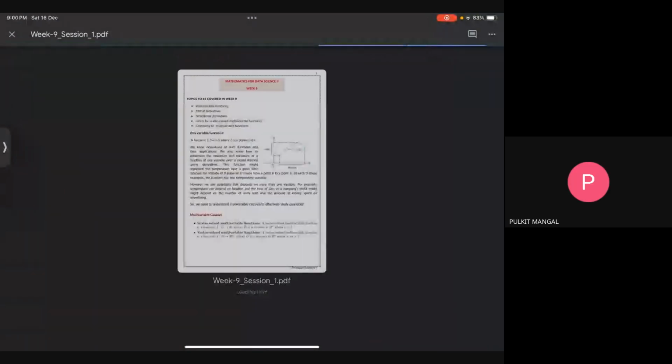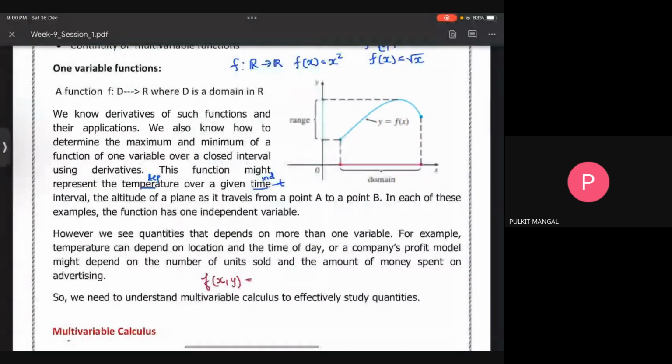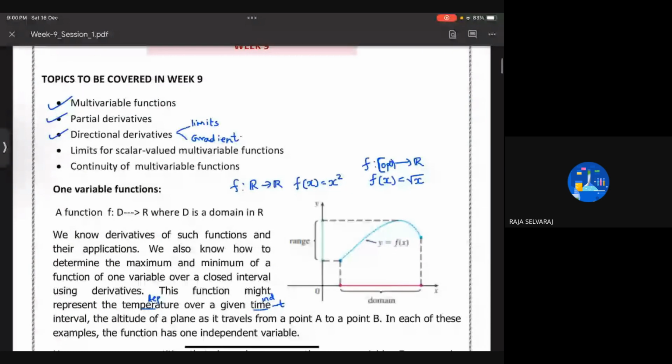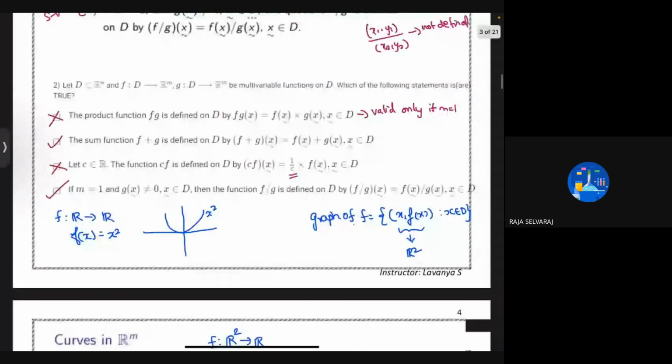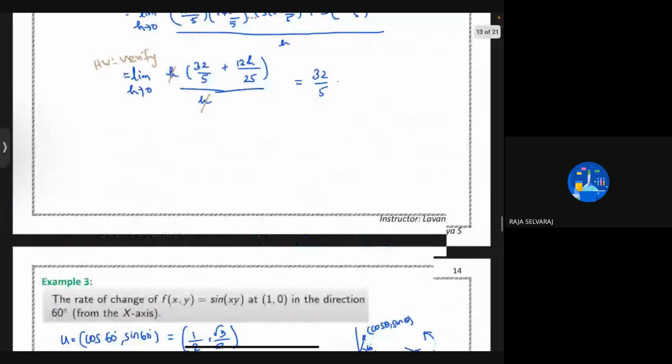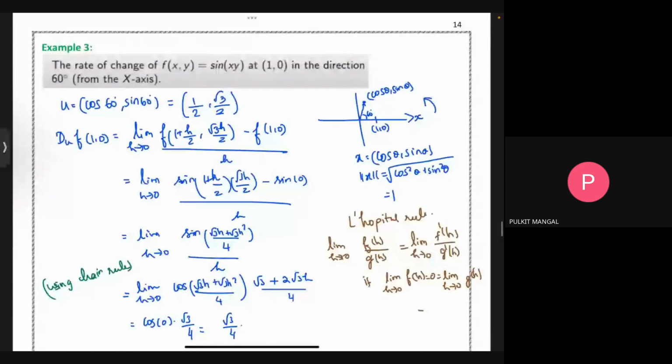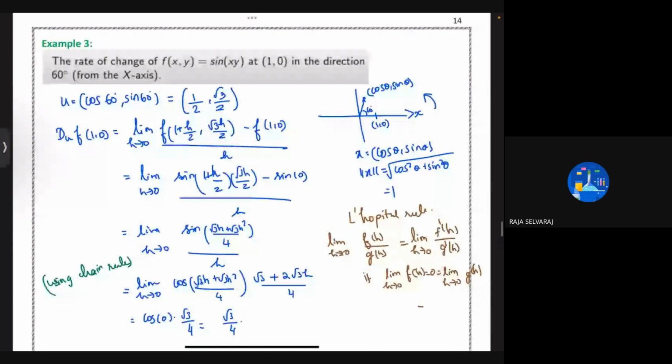I think first, sir. Can you go to page number 14? Yes, this page, sir.